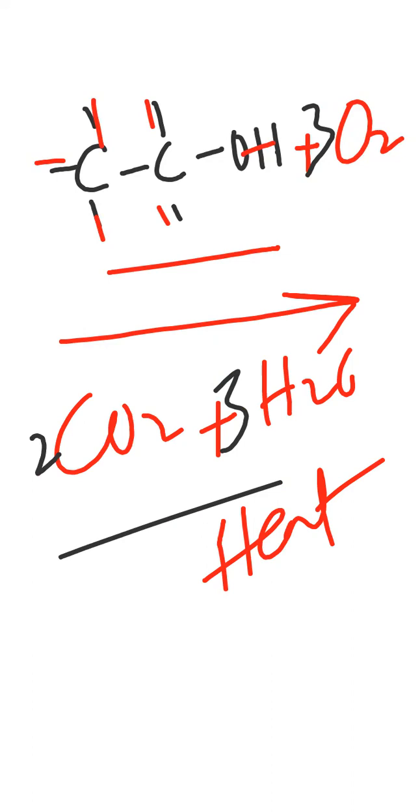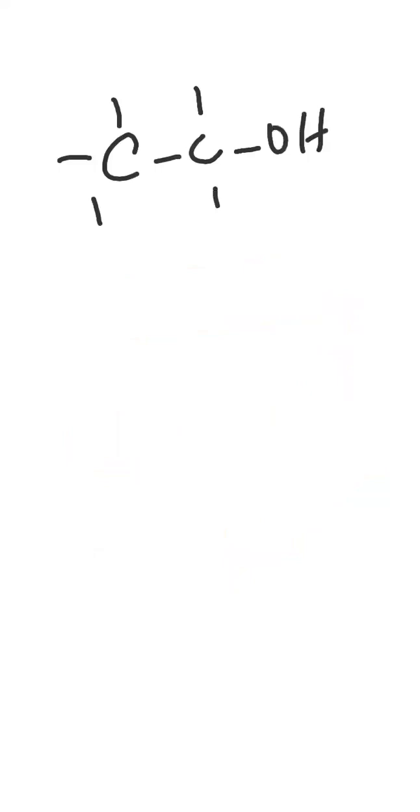Other than this, from ethene to ethanol, and from ethanol to carboxylic acid. Okay, let's make some ethanol. This is ethanol. If you want to convert this ethanol into ethanoic acid, what do you have to do? Simple.